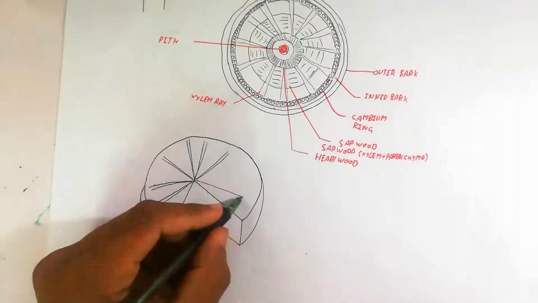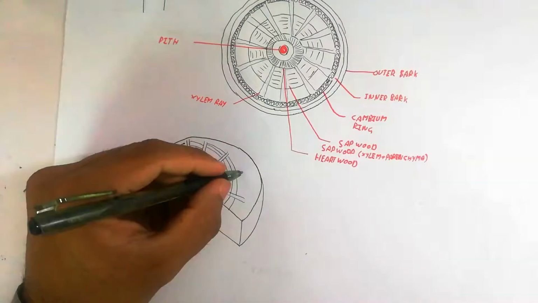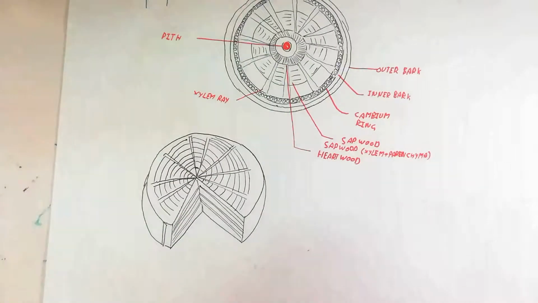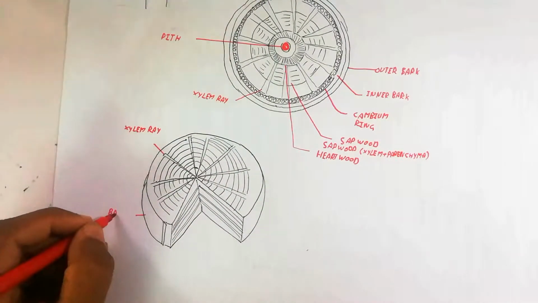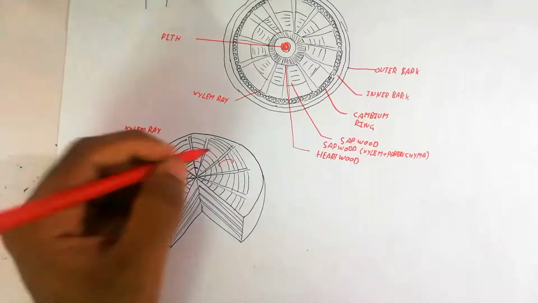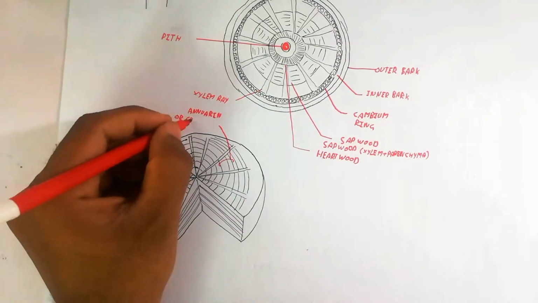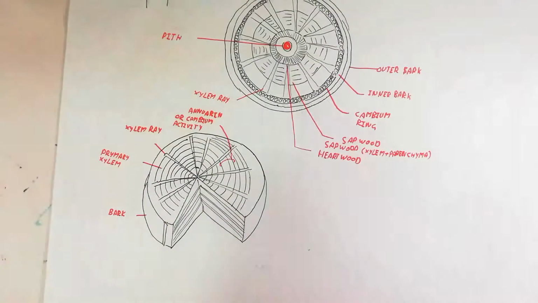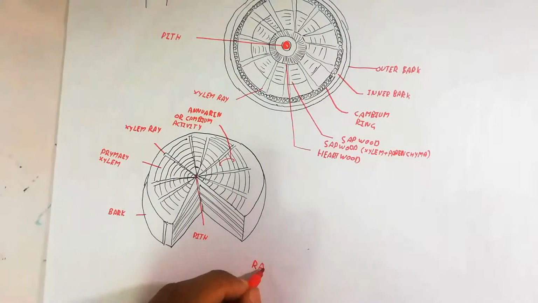Now I will draw a cross section of another type of wood. Here are basically the pith and xylem vessels. The xylem rays are here, and here, and here is the bark. Here is the annual ring, produced by cambium activity.